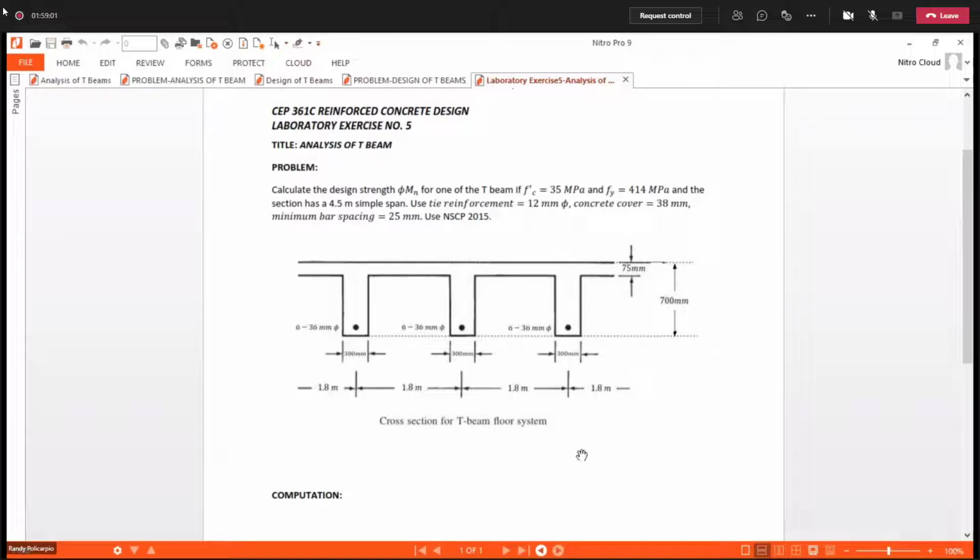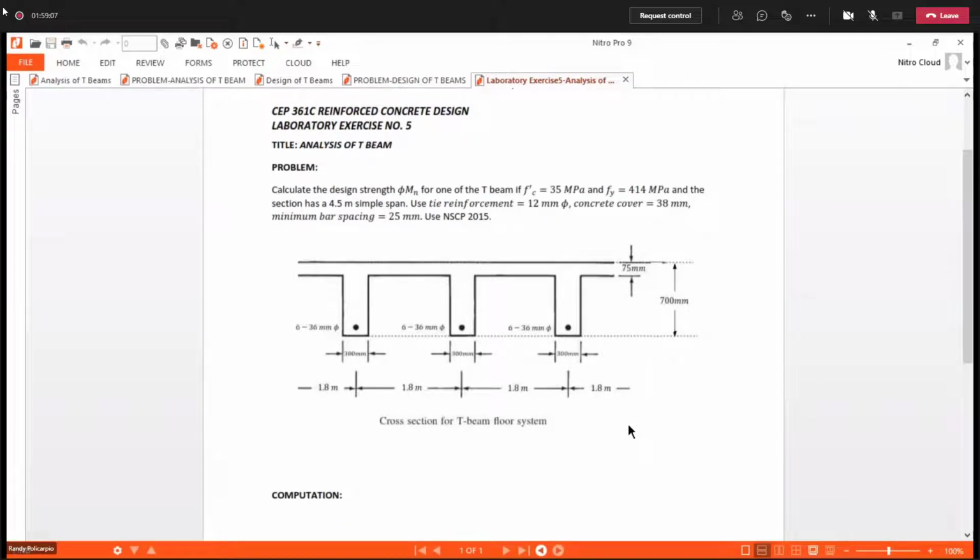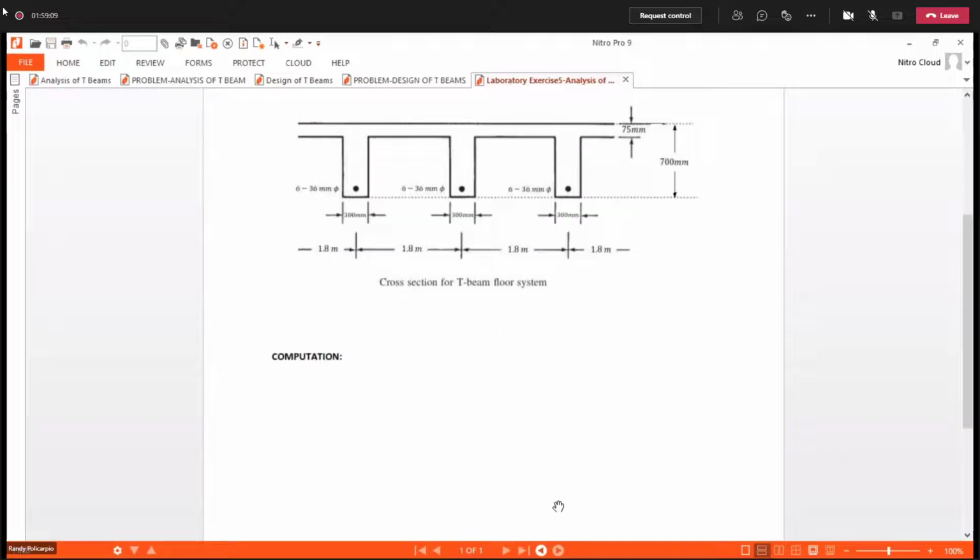So ito yung laboratory exercise nyo. So I think I'm done with T-beams, design and analysis. Okay, so tandaan natin, look at your activity here.